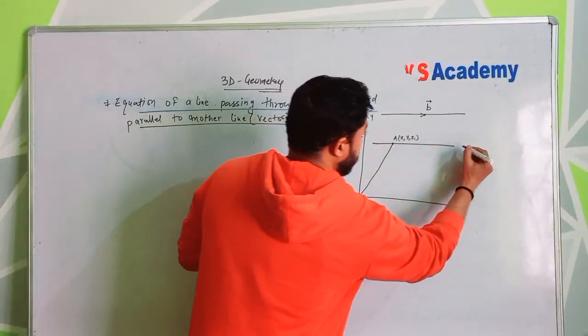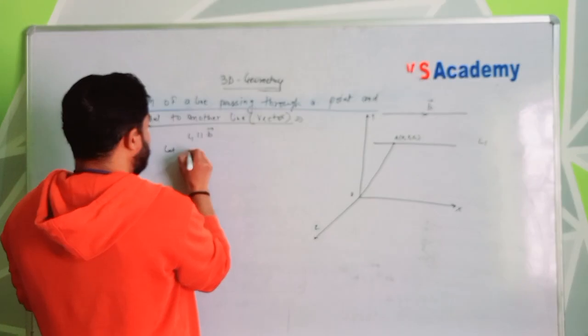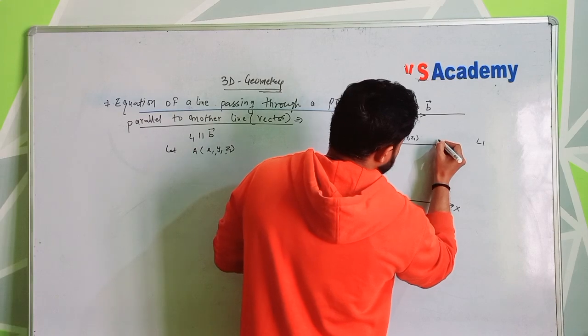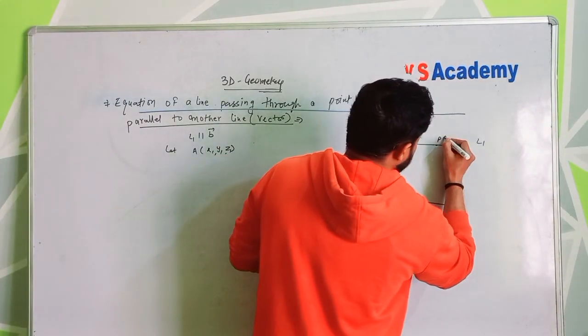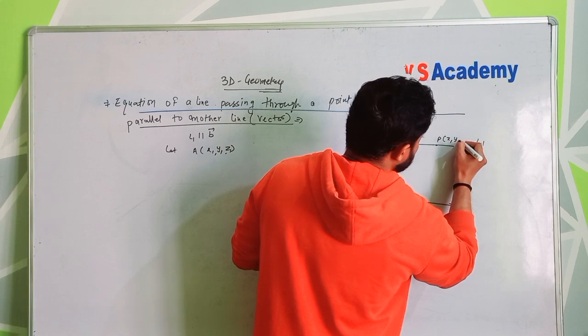So the line, I can say this line is L1, according to the concept. Line L1 is parallel to vector B, and let's assume that the coordinates of point A are x1, y1, z1. I can suppose that a point P is also on the same line, and the coordinates of this point P are x, y, z.